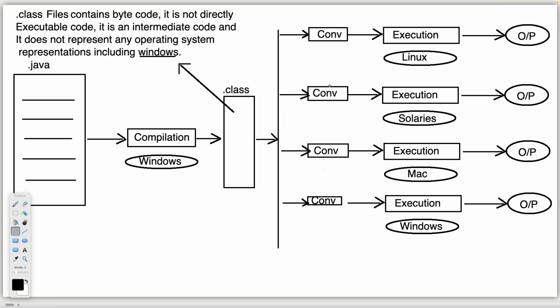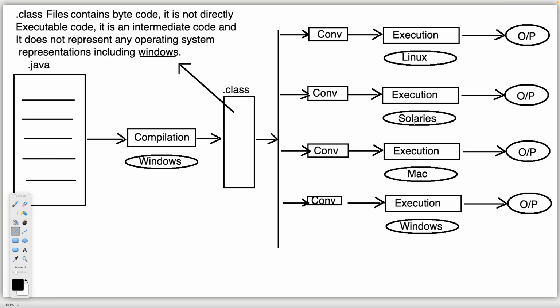Because of these converters only, our Java program is going to be executed over multiple operating systems. Now tell me, our program is compiled on one operating system, and we execute it on other operating systems or not?